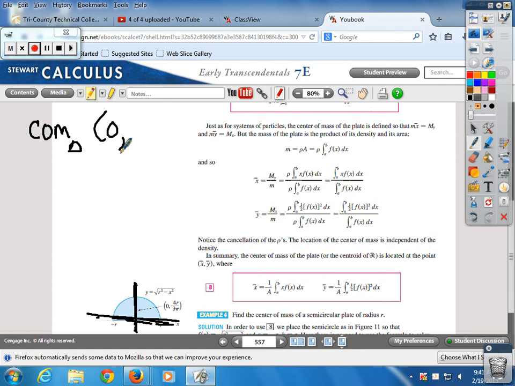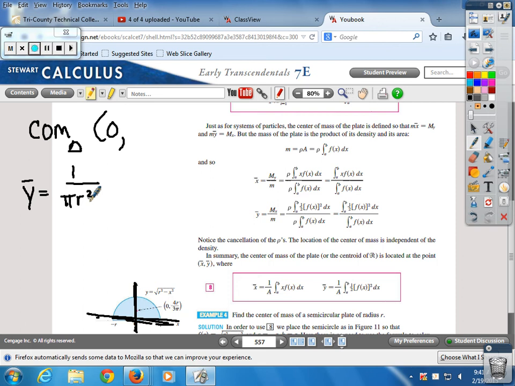Now we've got to figure the y. So that's going to be 1 over pi r squared, from negative r to r, of 1/2 times this squared. So plug and chug. Y bar is equal to 1 over pi r squared. Help me out, make sure I didn't mess up. Is that pi r squared, the area of the circle?